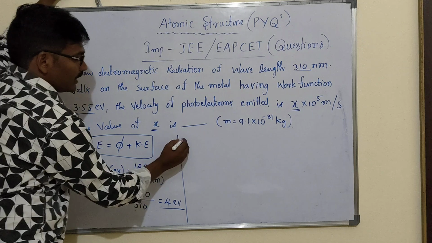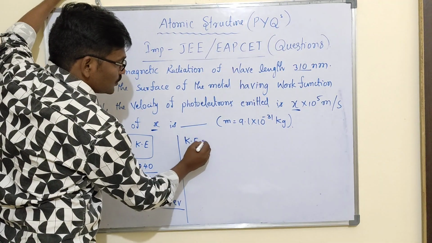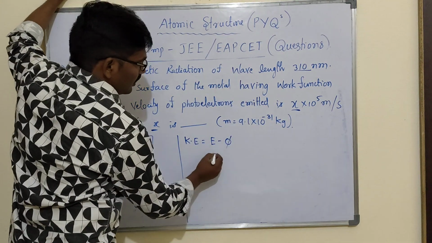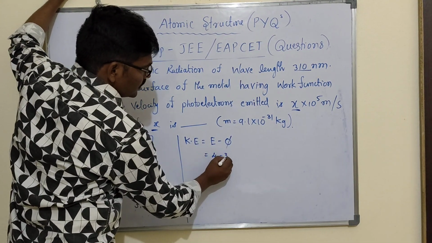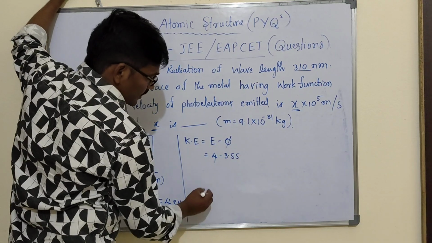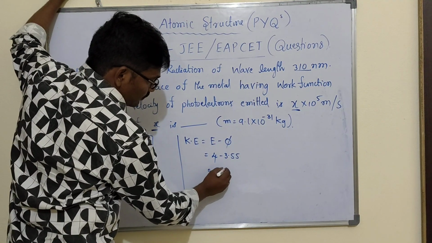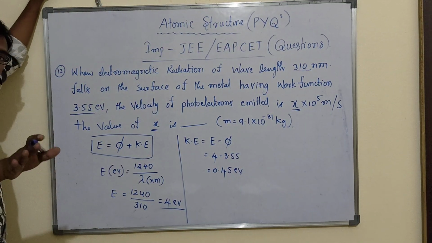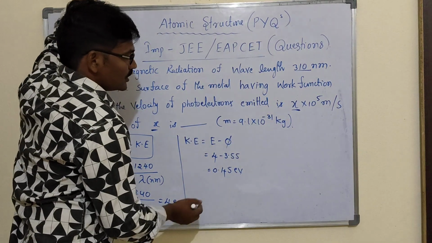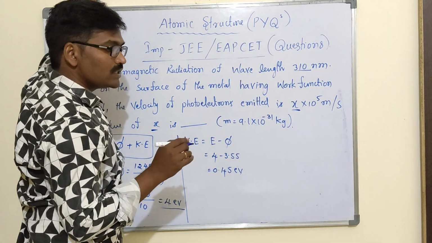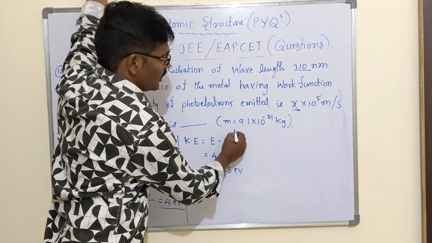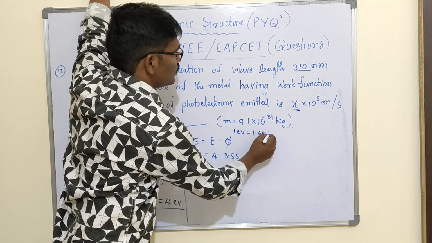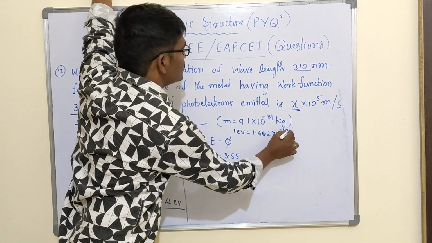Now, the work function is given as 3.55. Kinetic energy equals energy minus work function. Energy 4 electron volts, work function 3.55 electron volts, so you get 0.45 electron volts. If you want the kinetic energy in joules, remember, 1 electron volt equals 1.602 into 10 to the power of minus 19 joules.